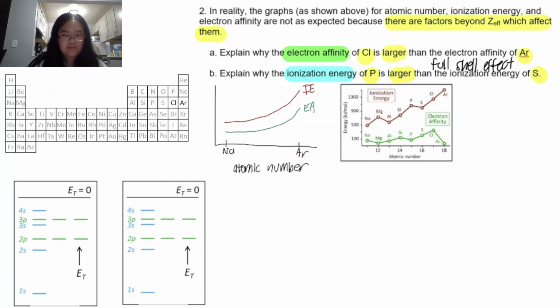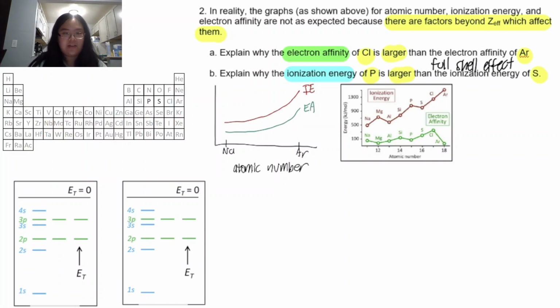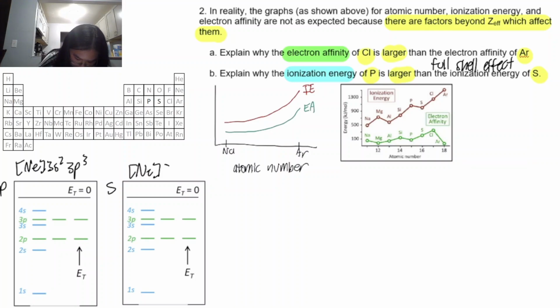So we start off the same way by pulling up a periodic table, and then we draw an energy diagram of our elements using the electron configurations, which for phosphorus is this, and for sulfur is this. And using those electron configurations, let's fill in our energy diagrams.